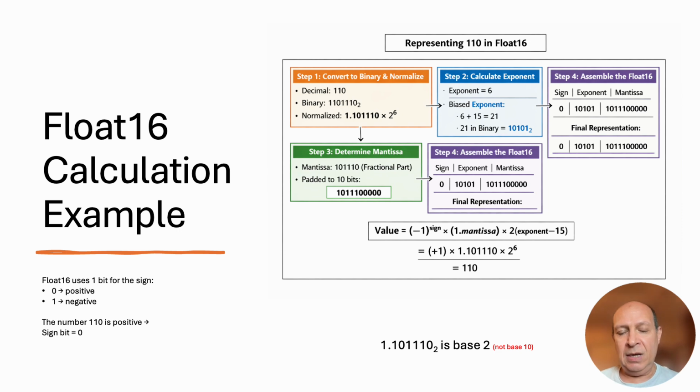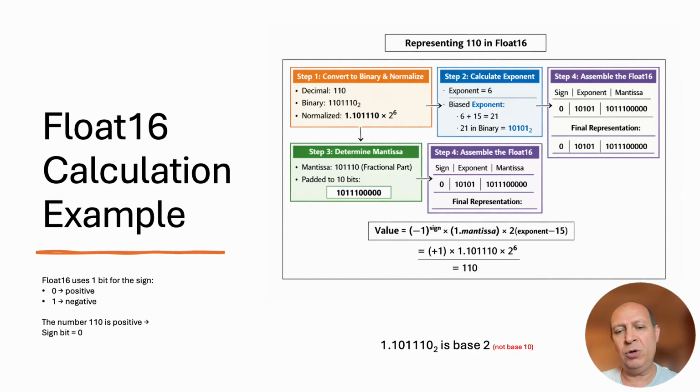So right now, what we did is we represented 110 decimal into its floating 16 format representation. Now, there is a formula for this. The value is equal to -1 to the power sign times 1 point mantissa.